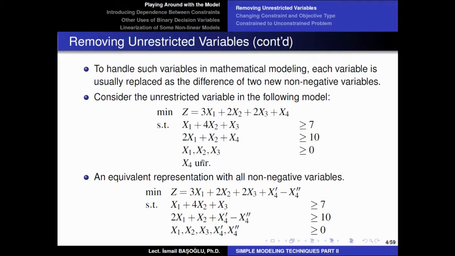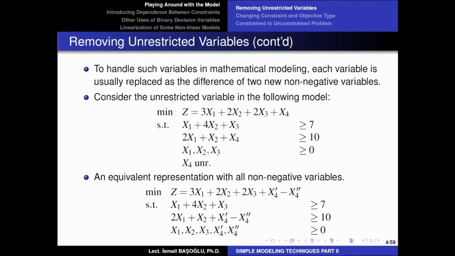And we are simply replacing every x4 that we see in this model with x4 prime minus x4 double prime. So we are basically representing an unrestricted variable as the difference of 2 non-negative decision variables, and we are not putting any constraint between them, whether x4 prime is going to be large or x4 double prime is going to be large.